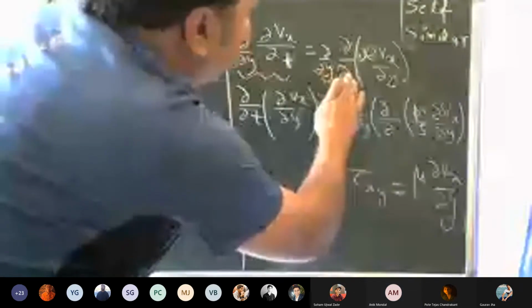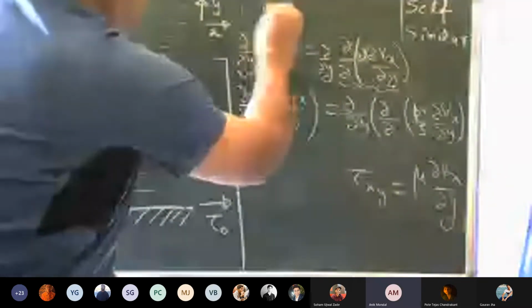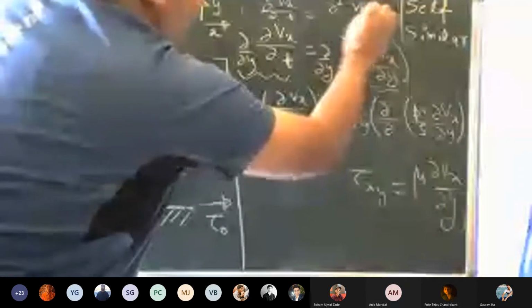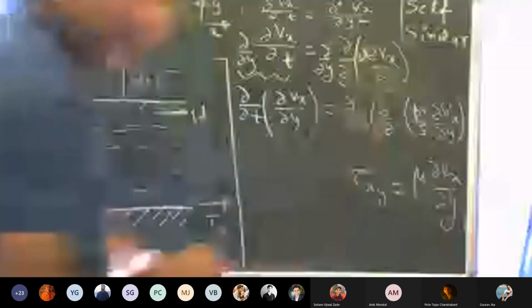See, this is a double derivative, isn't it? You see the equation: dou vx by dou t is mu by rho times dou square vx by dou y square. Let me write it bit more properly so that you will not get confused. Go step by step first.